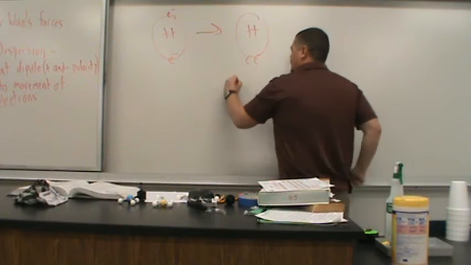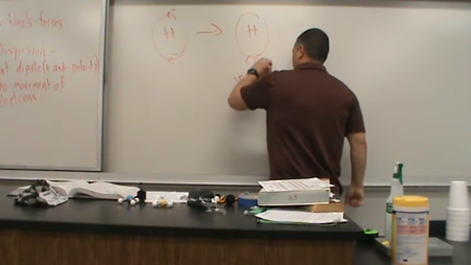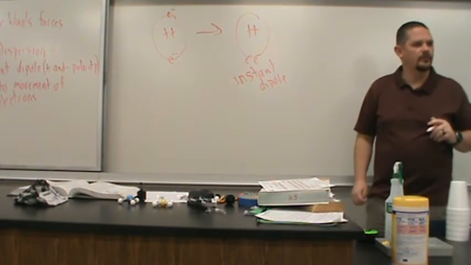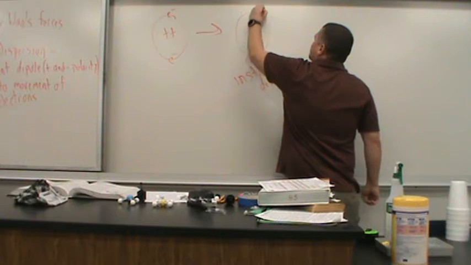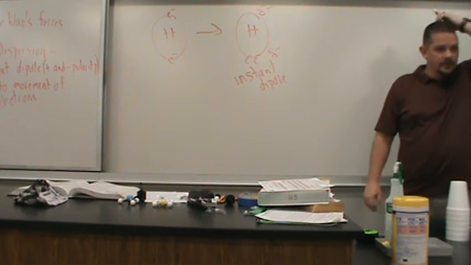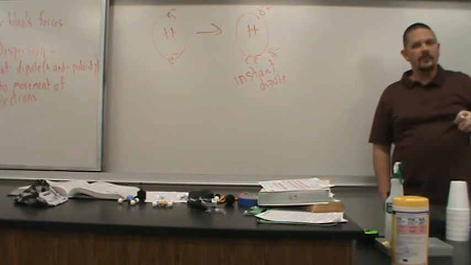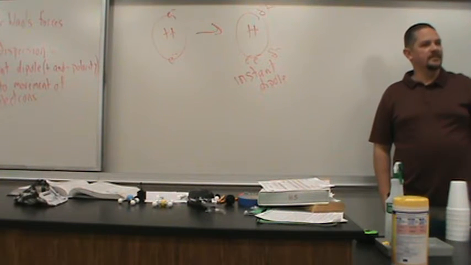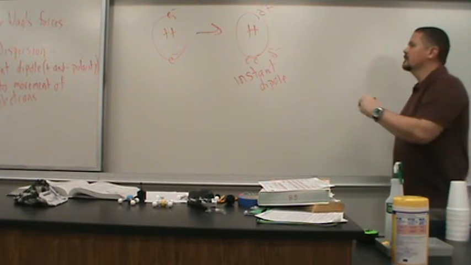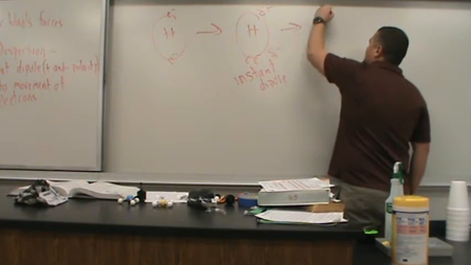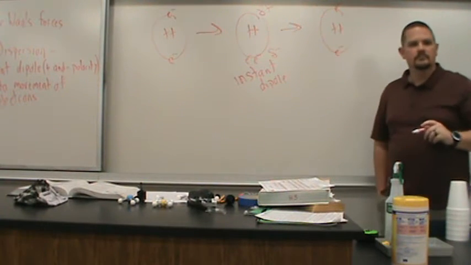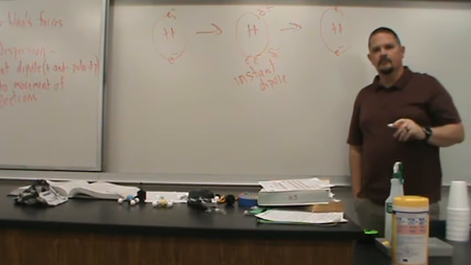This is where we get that instantaneous dipole. Because we got a partial positive on one end and a partial negative on the other end. And as quickly as it is formed, it quickly disappears. Okay? In an instant.